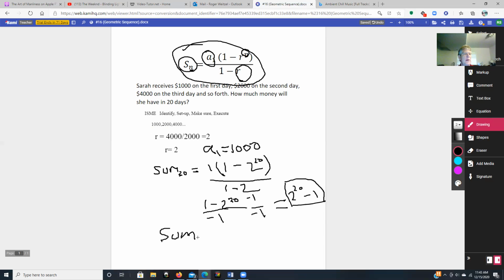The sum of 20 terms that double every day is going to be 2 to the 20th power minus 1. So I can't do that in my head.